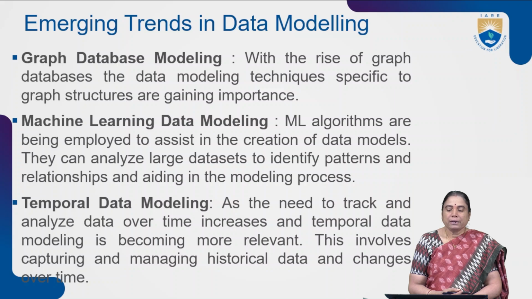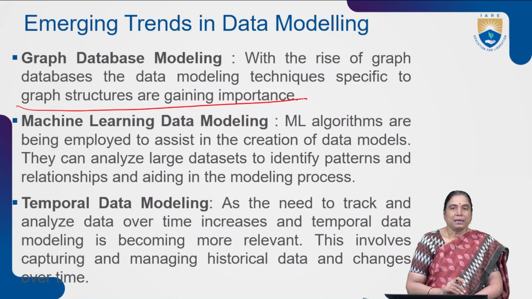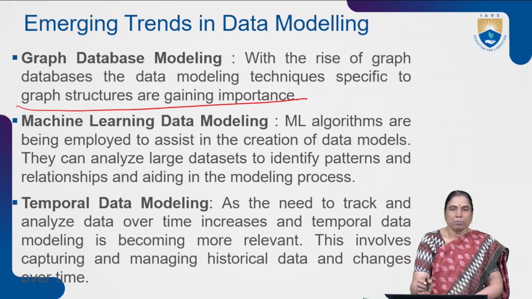The emerging trends in data modeling are graph database modeling. With the rise of graph databases, data modeling techniques specific to graph structures are gaining importance. Another method is machine learning data modeling. ML algorithms are being employed to assist the creation of data models.